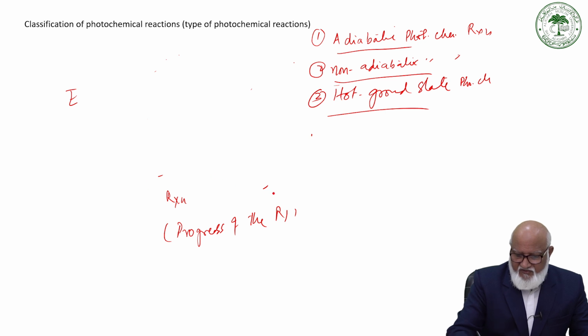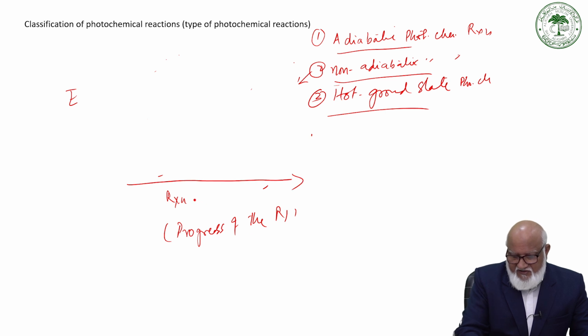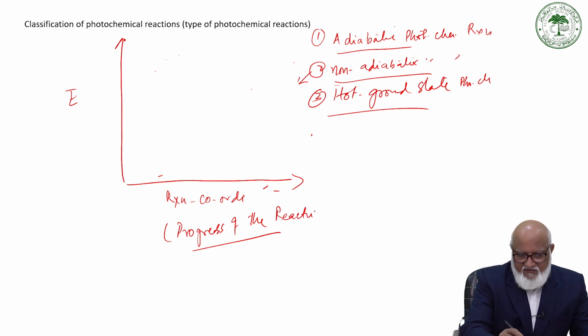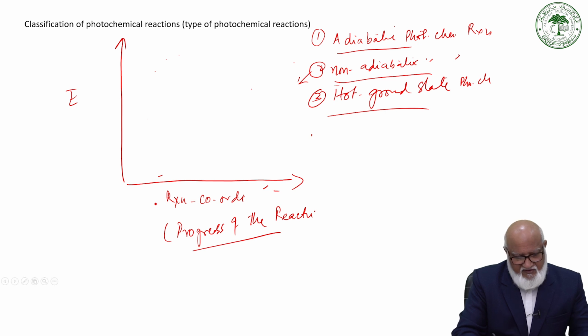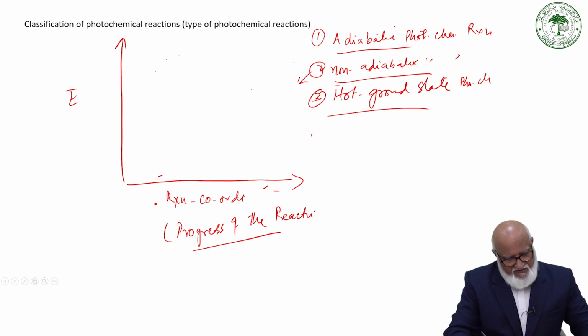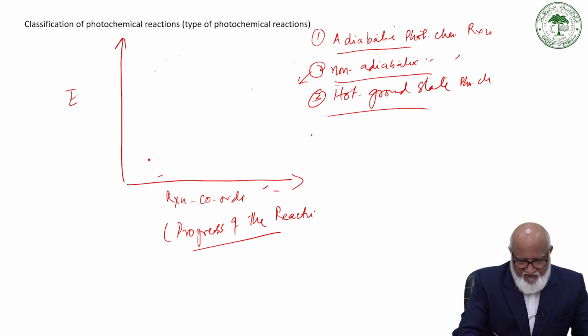As usual, this is the second example. We have a reaction coordinate, that is the progress of the reaction, and there is the energy, and then we have two curves: a ground state curve and an excited state curve. So it's slightly different.